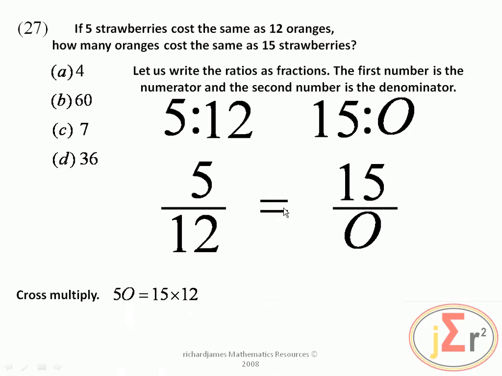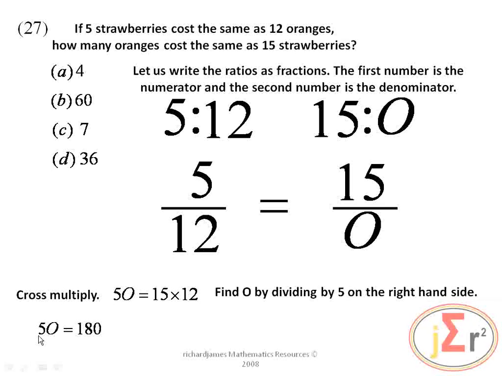When we cross multiply, we get O multiplied by 5, so we get 5O, and 12 multiplied by 15. What is 12 multiplied by 15? It is equal to 180. So find O by dividing by 5. If 5 multiplied by O is equal to 180, then we need to divide both sides by 5.